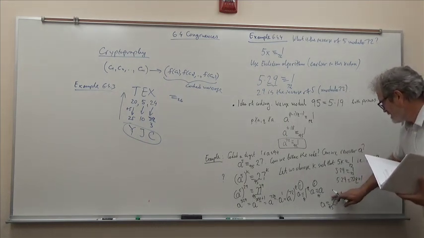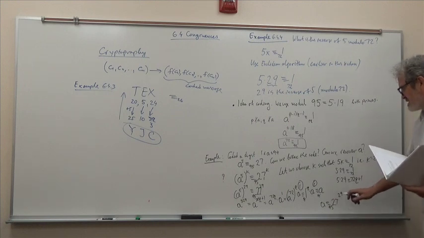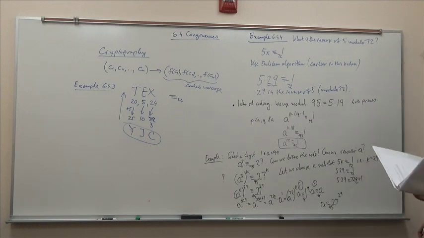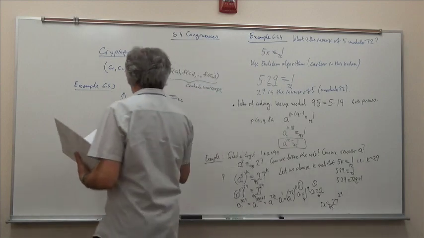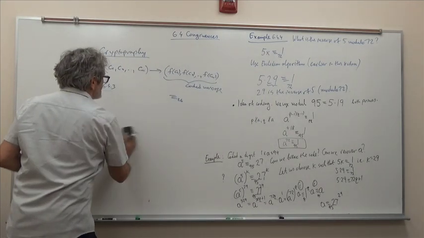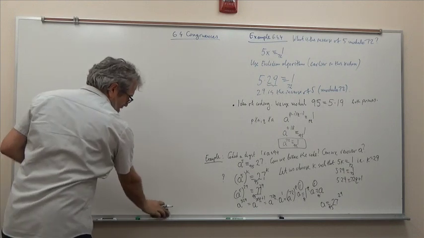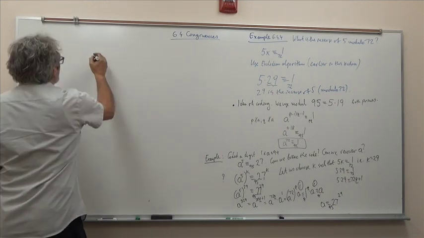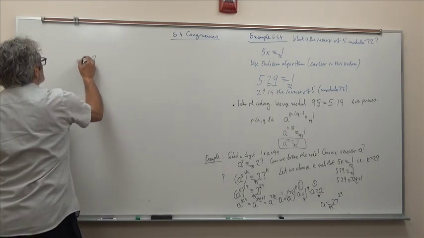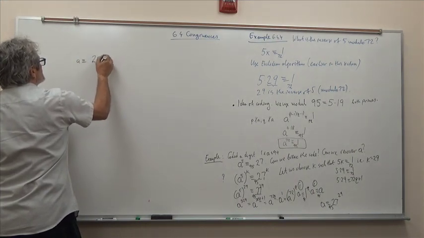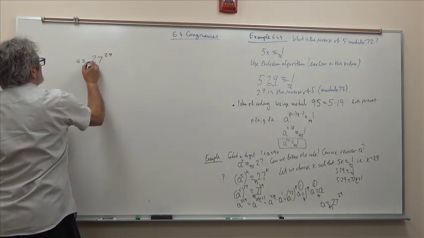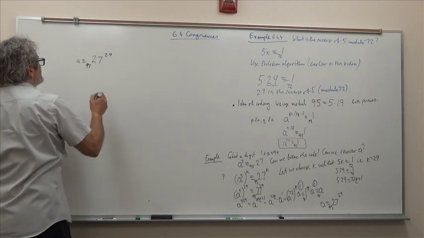And that's what's left, is to calculate how much is 27 to the 29 modulo 95, and I will finish it here because I have no space, so let me erase this. So generally 27 to 29, let's calculate. So A is congruent with 27 to the 29 modulo 95.